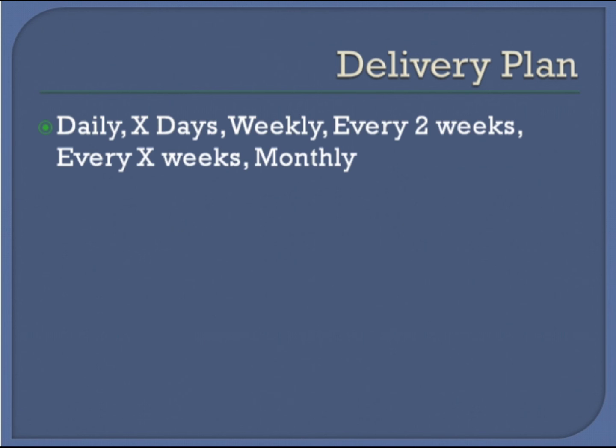And that's very, very easy. It just follows through with the same thing. You can do daily, X number of days, weekly, every 2 weeks, every X weeks, monthly, and so forth. And once you understand your delivery plan, then when you set up your autoresponder, all you have to do is create a new follow-up for every one of those days, those weeks, and so forth.